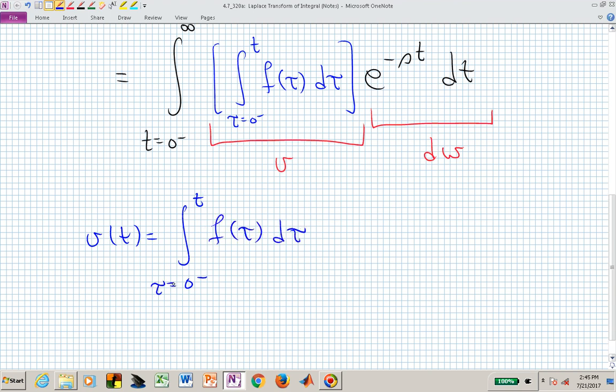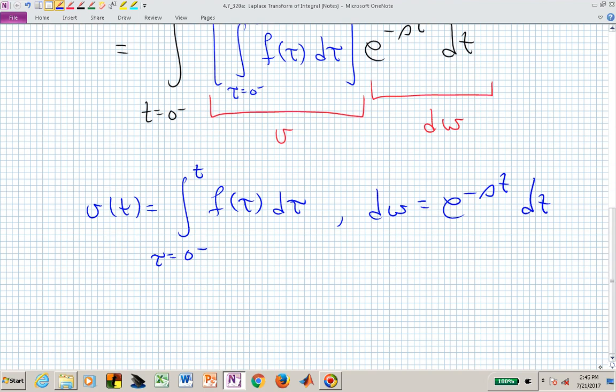Tau is our variable of integration from 0 minus to t. dw is now e to the minus st dt. That's our differential.